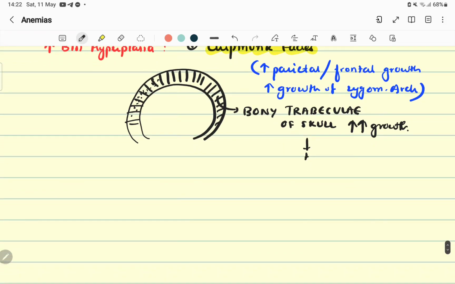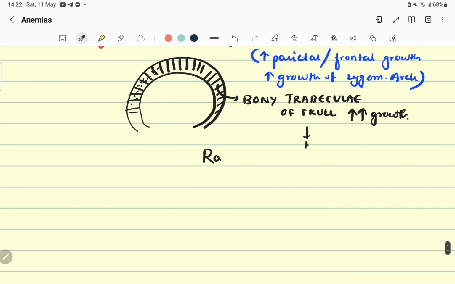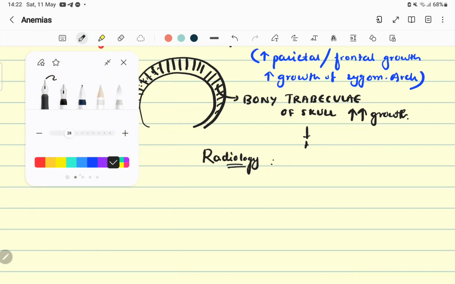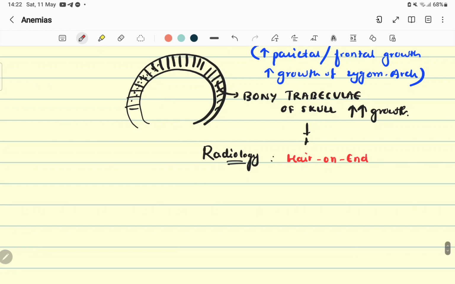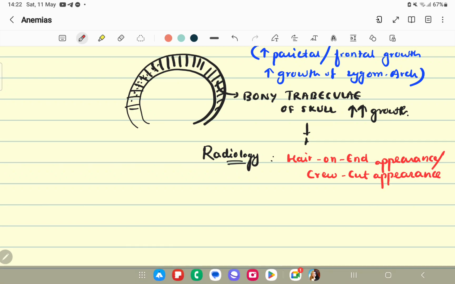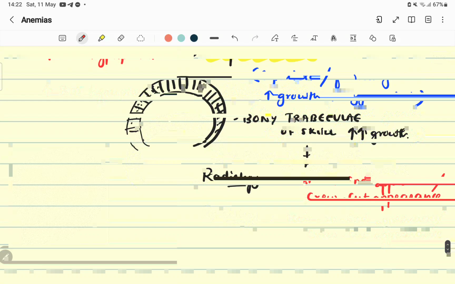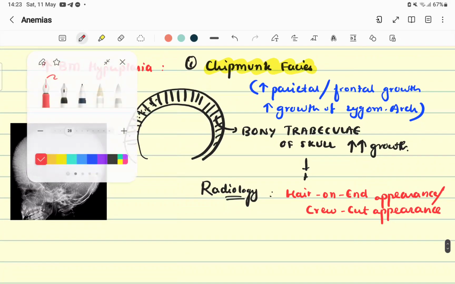So for the skull we have a radiological finding, which is called the hair on end appearance, or the crew cut appearance. If I have a photo, let me show you. Here you can see the radiological finding.